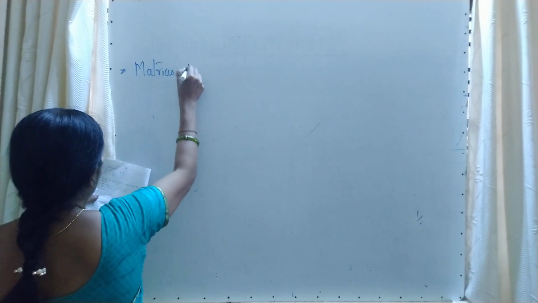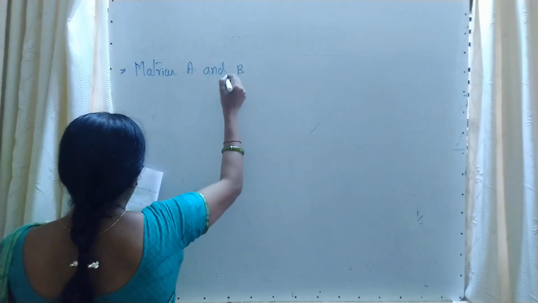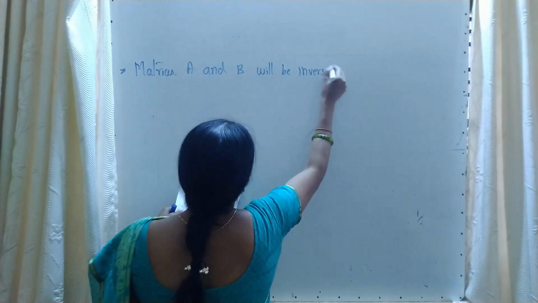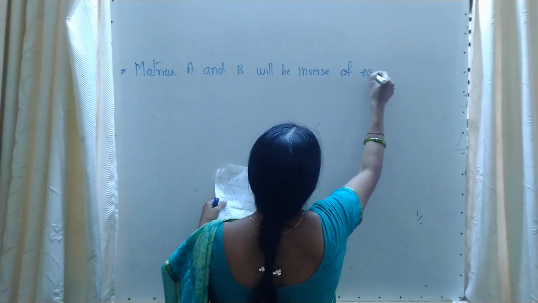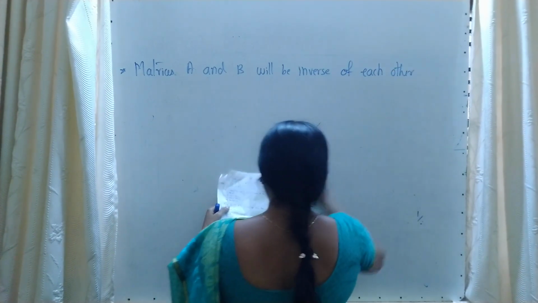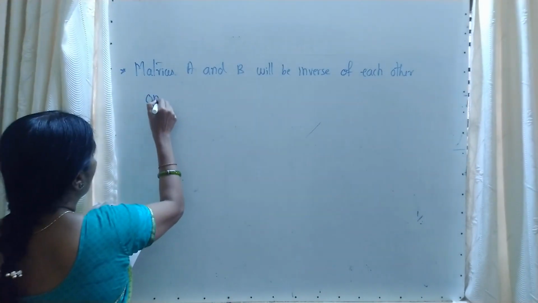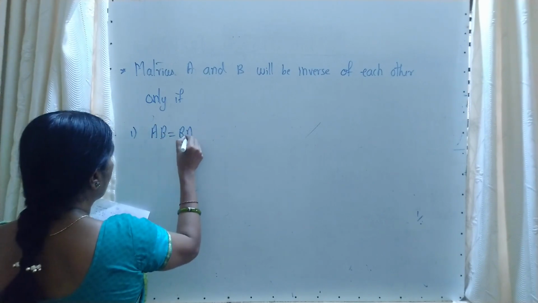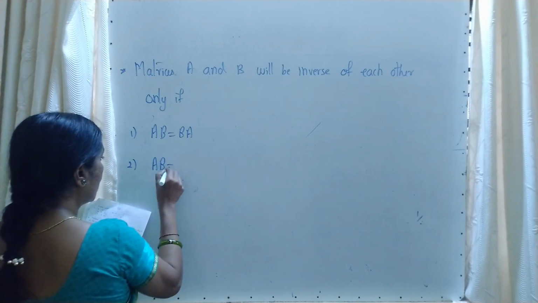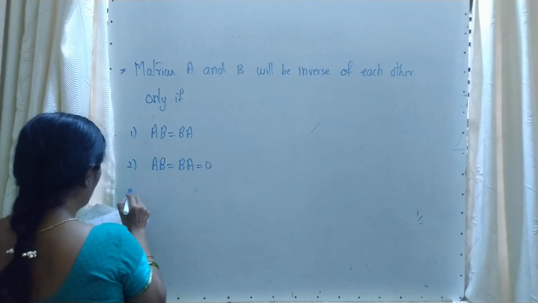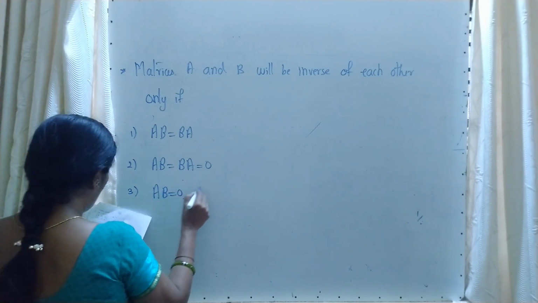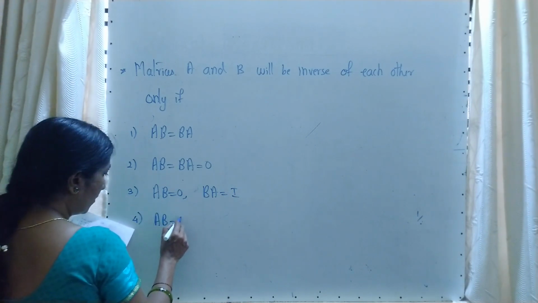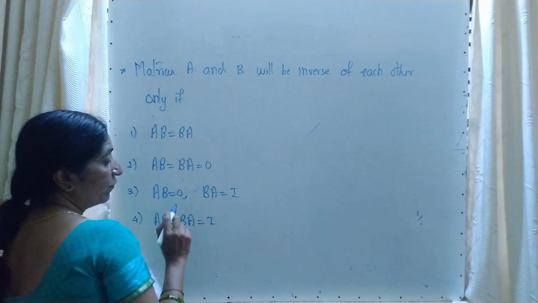Matrices A and B will be inverse of each other only if: first one, AB is equal to BA; second one, AB is equal to BA is equal to 0; third one, AB is equal to 0, BA is equal to I, the identity matrix; fourth one, AB is equal to BA is equal to I. So are you familiar with the definition?